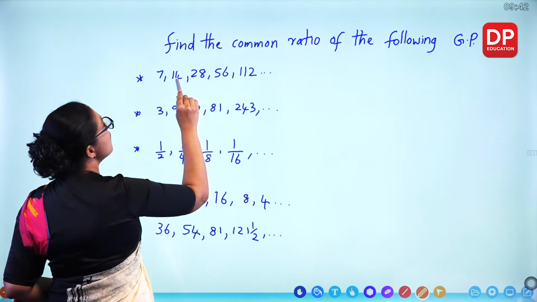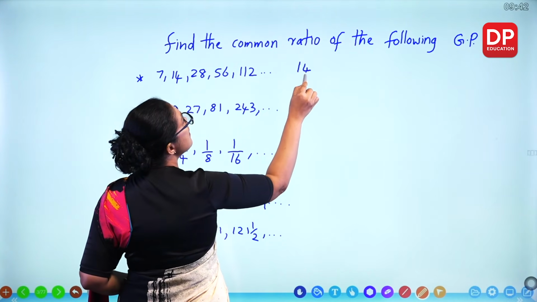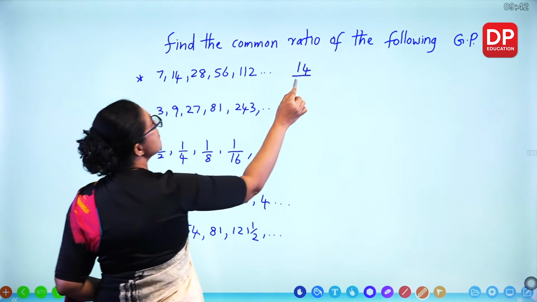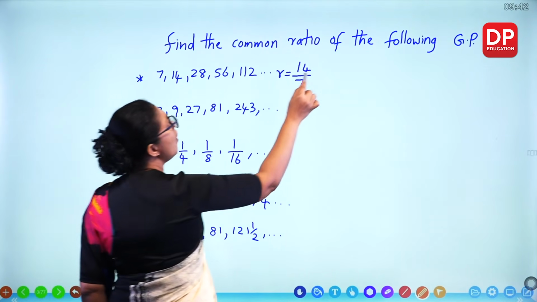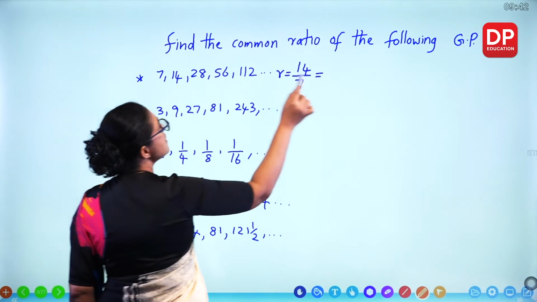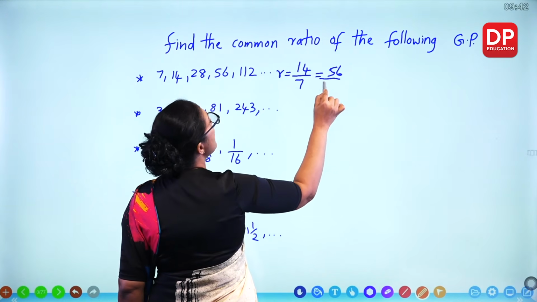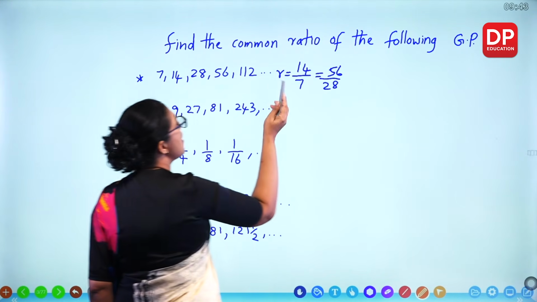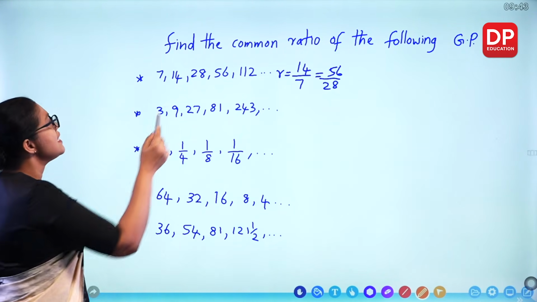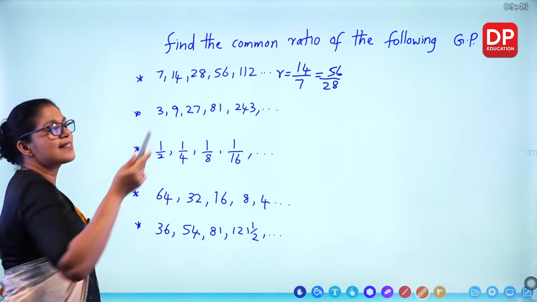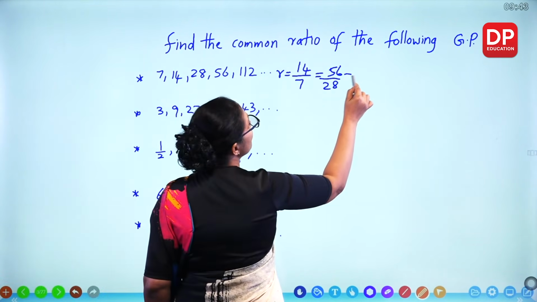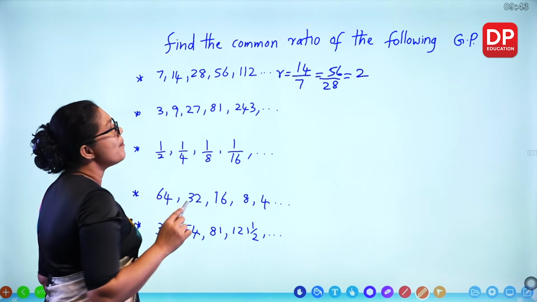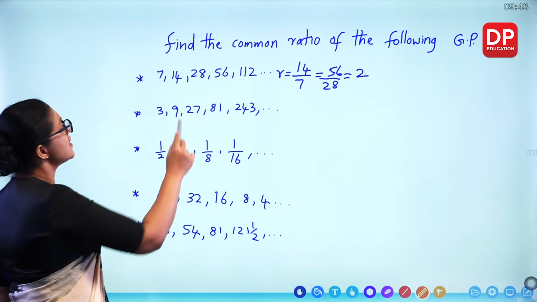If we take 14, divide by the previous term, that's 7. Or if you take 56, divide by 28. You can take any term, but it's easy to take the easiest one. So 14 and 7, we know that's 2. So the common ratio is 2 in this example.